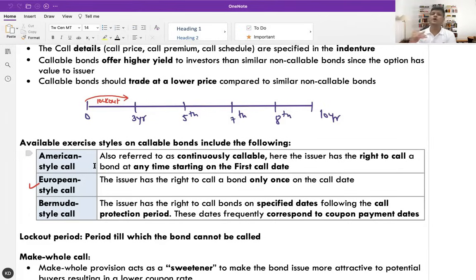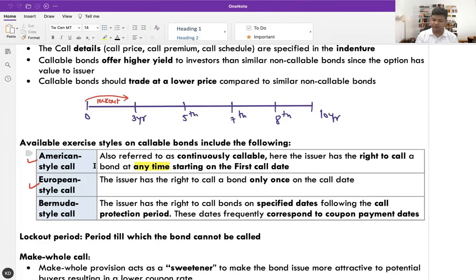After that, the issuer cannot call back. Clear? But in an American option, the issuer has the choice to call back the bond at any time after the lockout period. Is that clear?